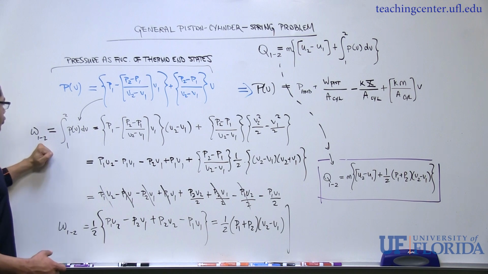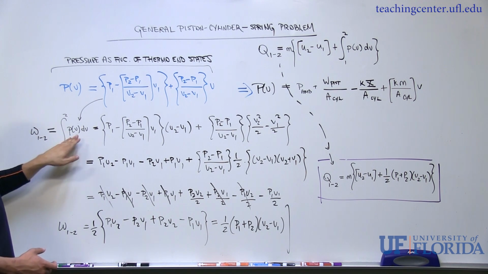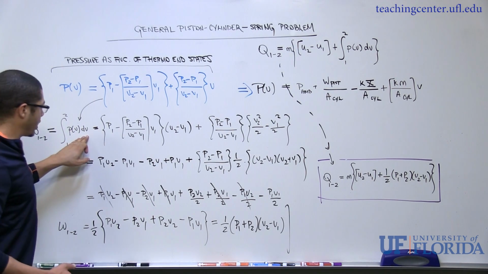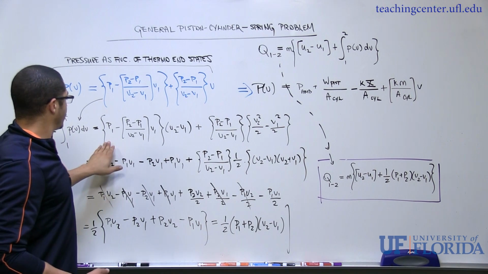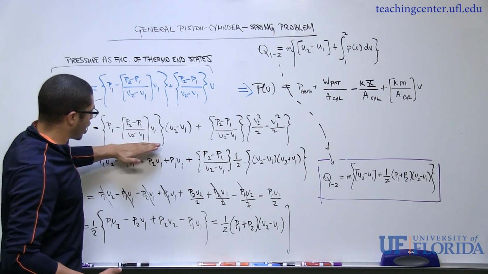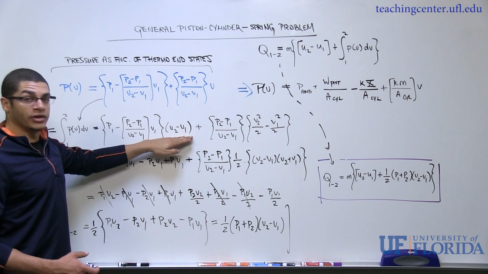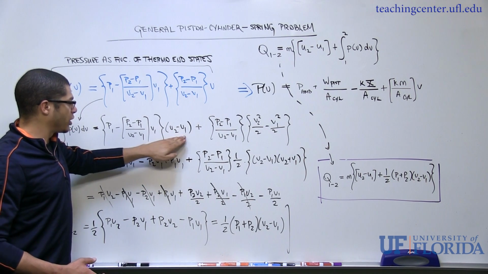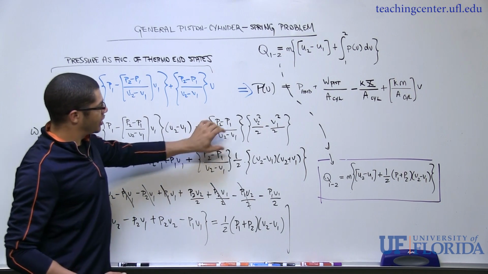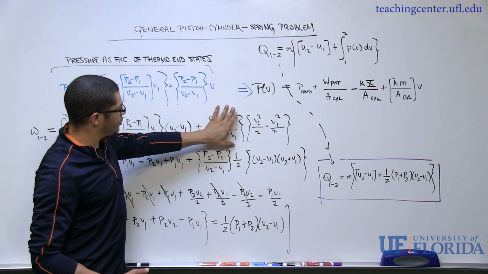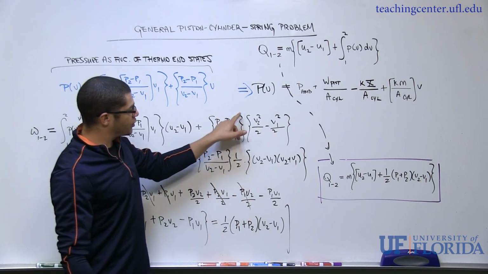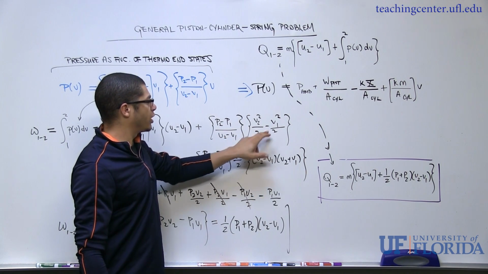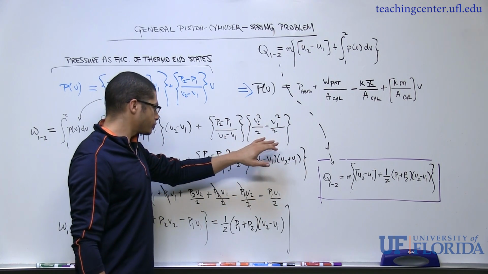So again, the work from 1 to 2 is the integral from 1 to 2 of this function P of V, little v, dV, and plugging in our new expression for P of V and integrating, we get a constant term times the integral of dV, which is simply V2 minus V1, plus this constant slope term we can pull out times the integral of V dV, which gives us a term out here of V2 squared over 2 minus V1 squared over 2.